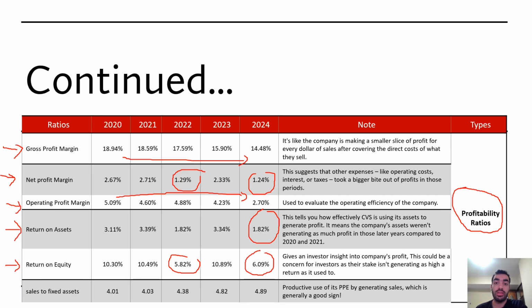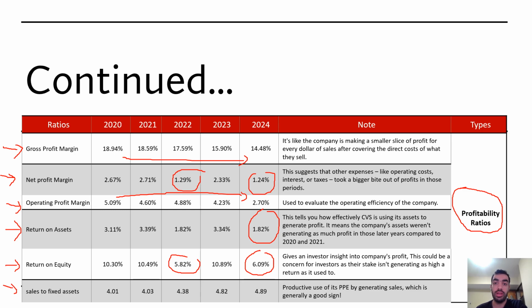It reflects concerns for shareholder returns. The last part of the profitability ratios is sales to fixed assets. It shows a steady upward trend, so it signals improved efficiency in generating sales from fixed assets.